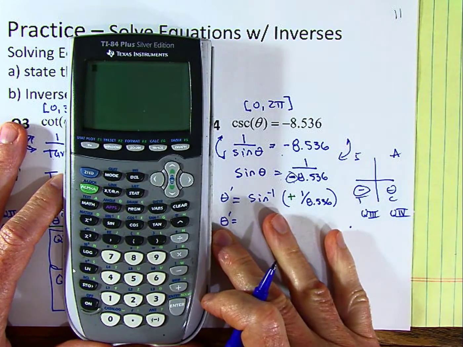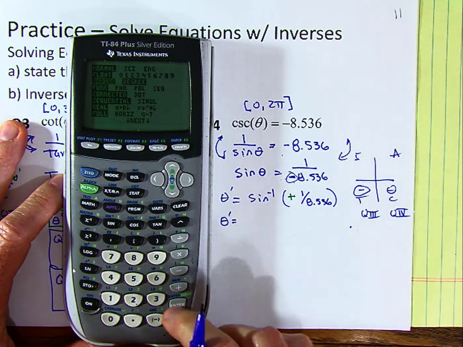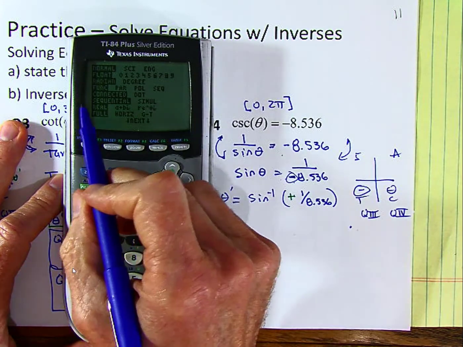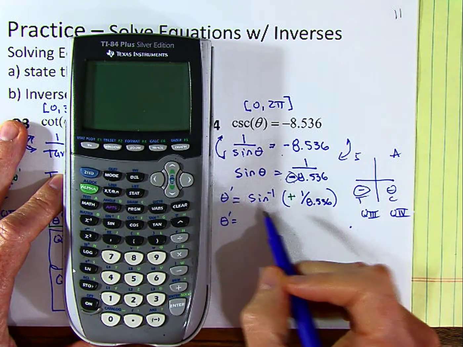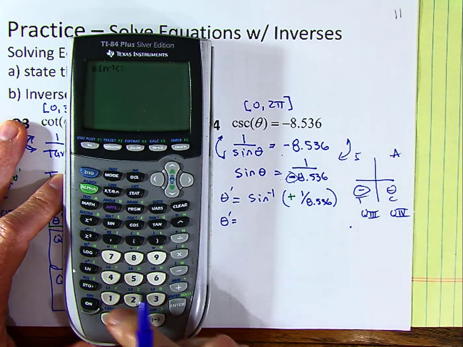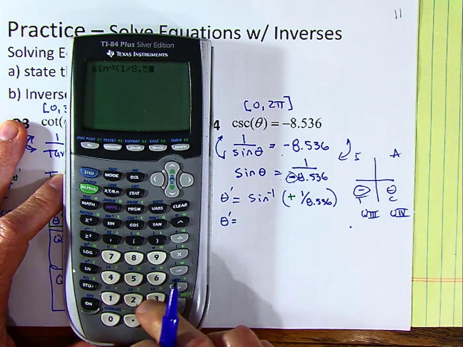Okay, so I got to be in radian mode this time. So I'm doing my radians. I'm in radian mode. I'm going to do the sine inverse of positive 1 divided by 8.536.